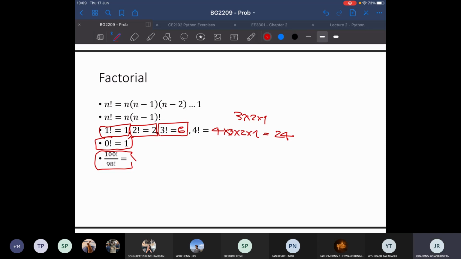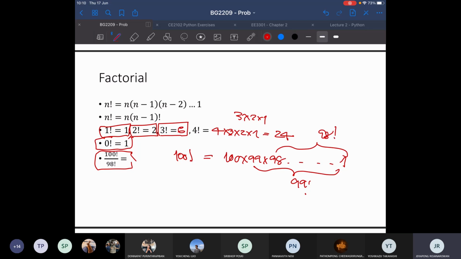100 factorial divided by 98 factorial, you cannot use a calculator, but you have to make use of this because we know that 100 factorial is equal to 100 by 99 by 98 until 1, right? But we know that this part is what? It's 99 factorial. And this part is what? 98 factorial, right?